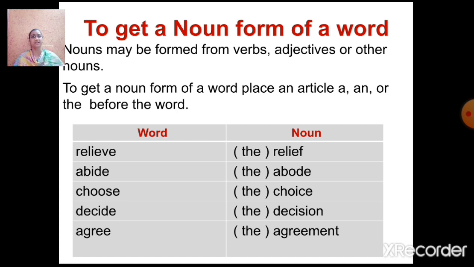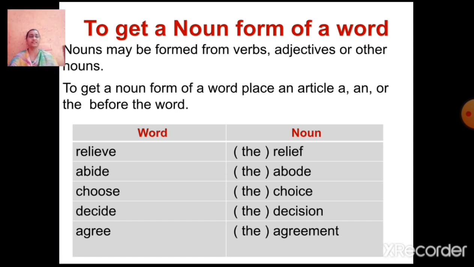That means there will be a word given. Now that word can be either a verb, adjective, or other noun. It can be anything. Now to find the noun form, we need to place an article, that is a, an, or the. That means for the given word, we will place an article and we can form a noun.